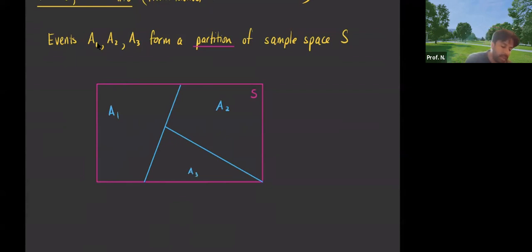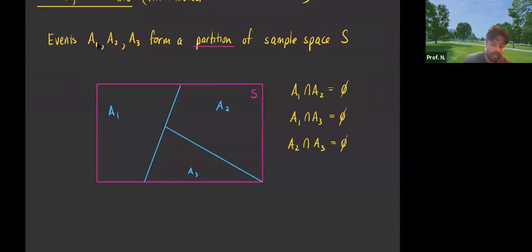So then what do we say? A1 intersect A2 is empty. The intersection between them, A1 intersect A3 is empty. And then A2 intersect A3 is empty.